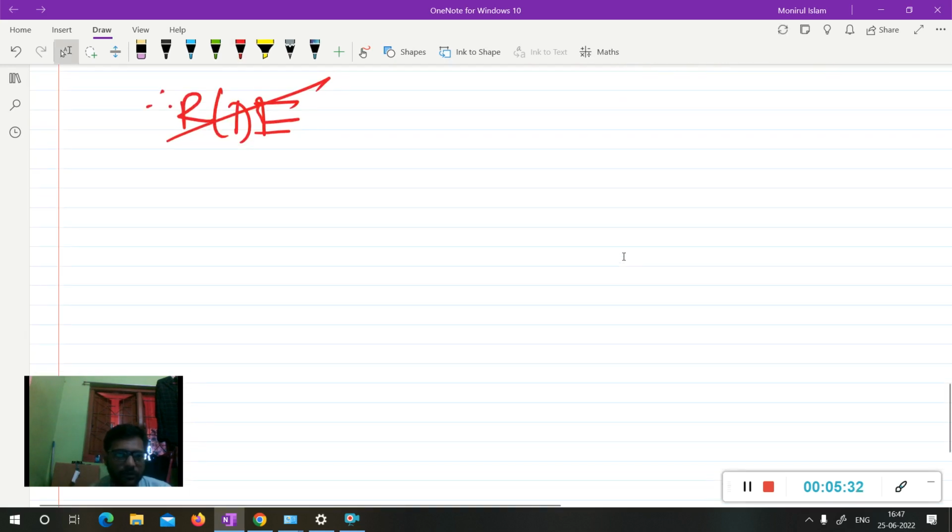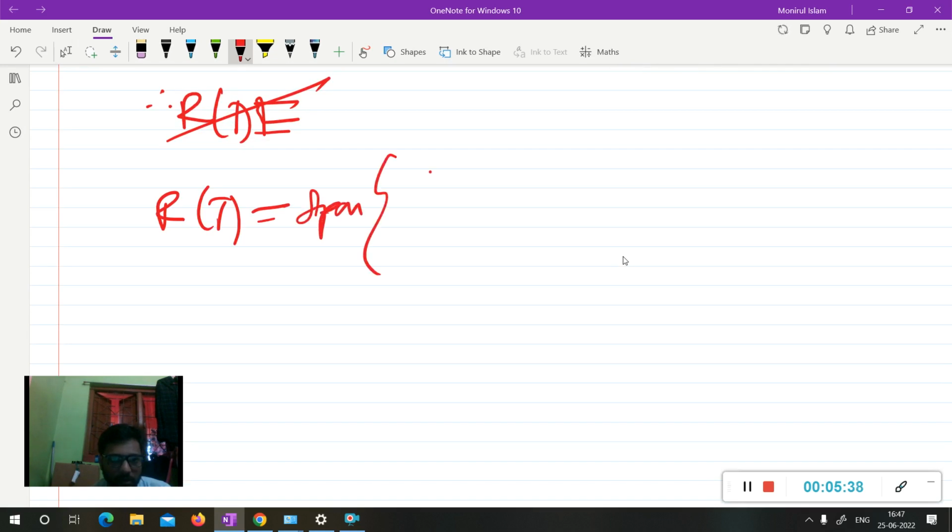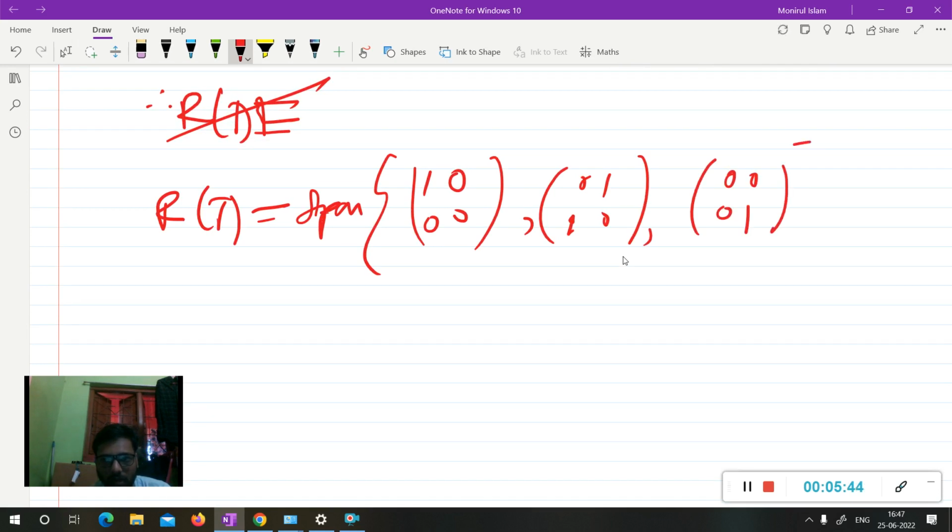So from here you can say the range space R(T) of the transformation T will be the span of these three matrices, 1 0 0 0, 0 1 1 0 and 0 0 0 1.